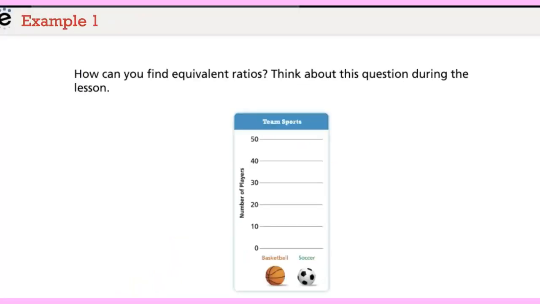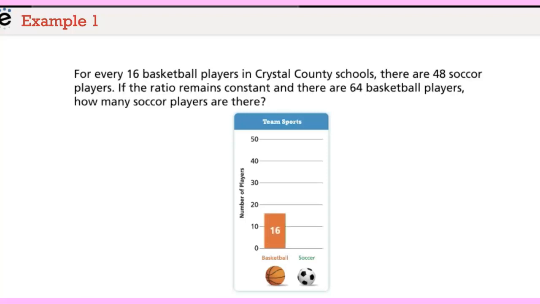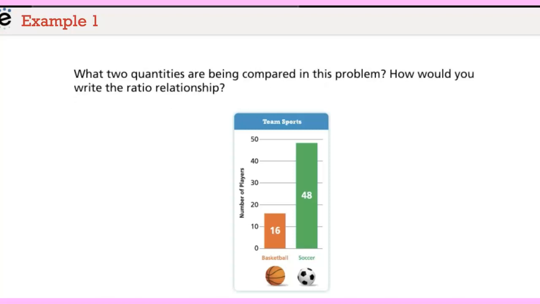Let's look at example number 1. Equivalent ratios. Think about this question during the lesson. For every 16 basketball players in Crystal County schools, there are 48 soccer players. If the ratio remains constant and there are 64 basketball players, how many soccer players are there? What two quantities are being compared in this problem?